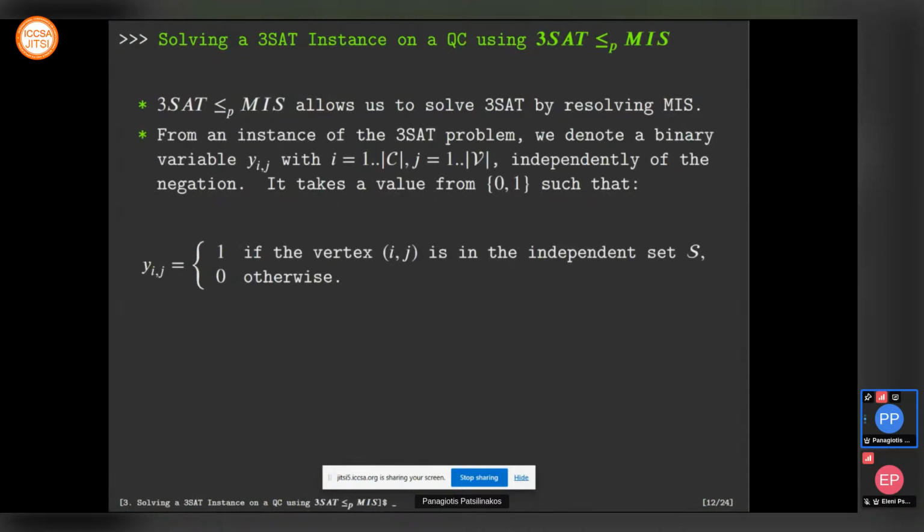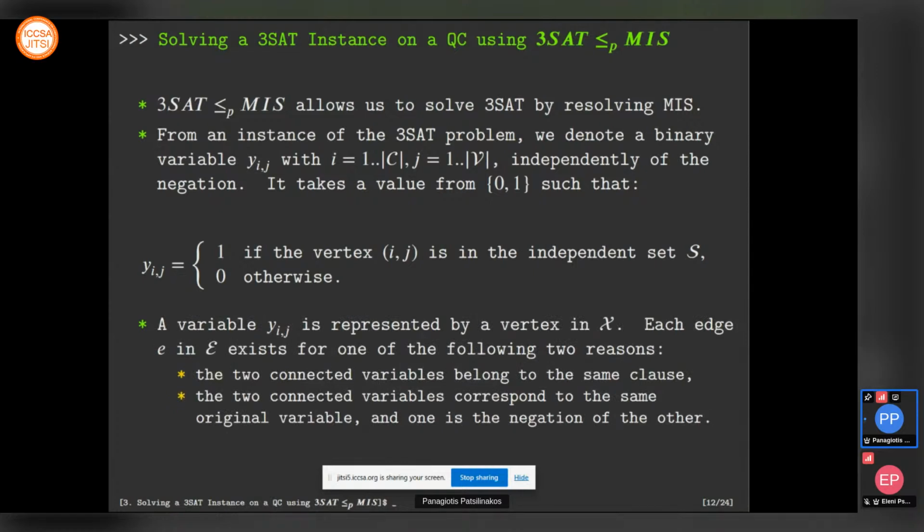Okay, so to make the reduction, we use new variables, Yij, the i for the clause, and the j for the original variable from the 3-SAT. And Yij will be equal to 1 if the vertex ij is selected in the independent set. Now we have the different edges. First, for each clause, we will have a 3-vertex clique. We will connect all the vertices together. And the second rule is to connect each variable with its negation across the different clauses.